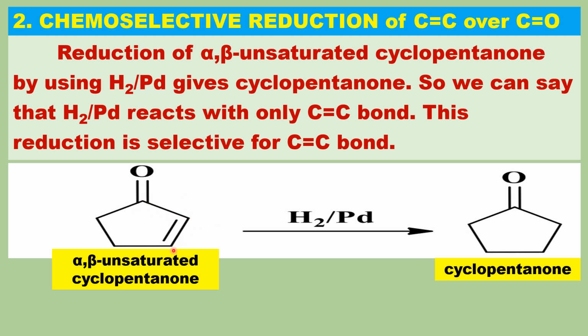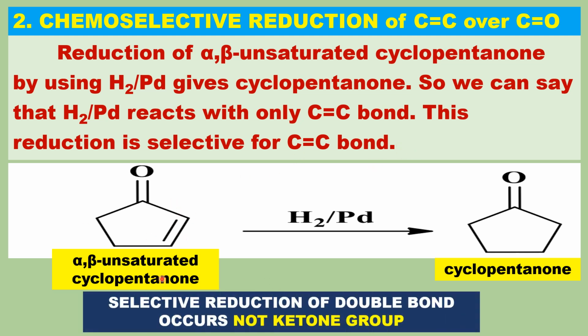Alpha beta unsaturated cyclopentanone on reduction with hydrogen gas and palladium as catalyst gives cyclopentanone. This reduction is selective for C double bond C reduction. Selective reduction of the double bond occurs but not the ketone group.